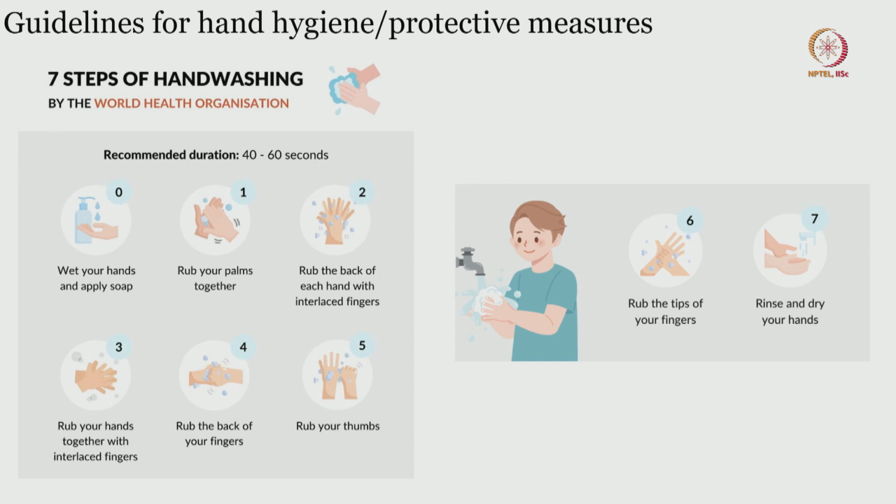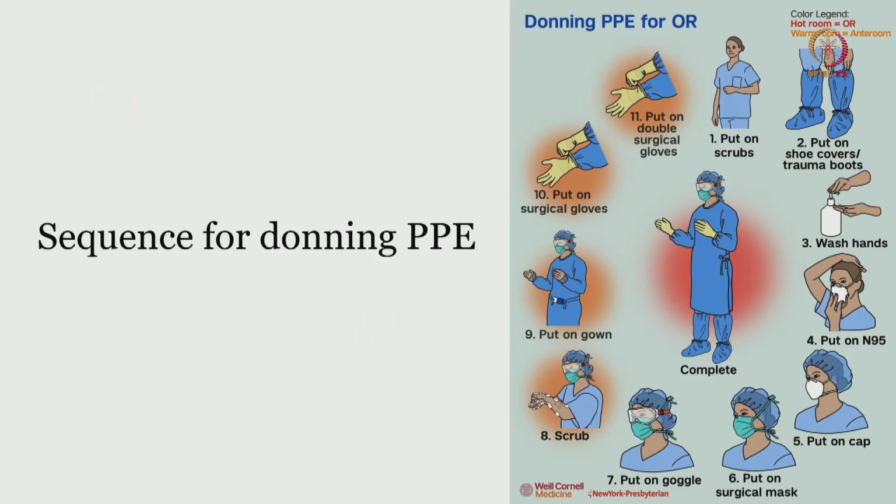So the base of the thumb and the web space, which is pretty big, needs to be covered separately. Then of course the tips of your fingers for the fingernails, and then finally you rinse and dry your hands, making sure the water flows away from the hand, not towards it. Alright. So that is the standard 7 steps of hand washing.